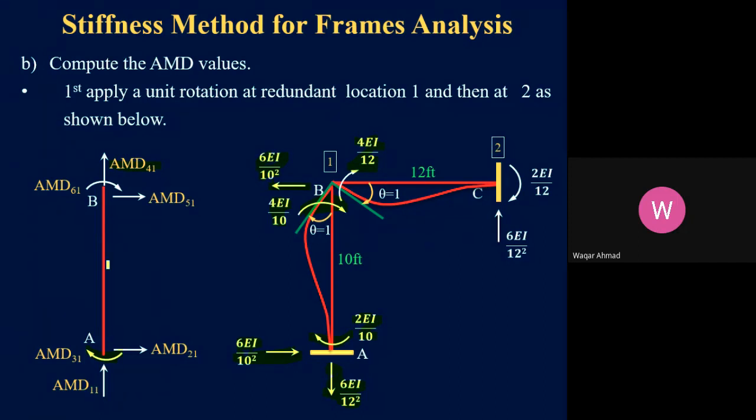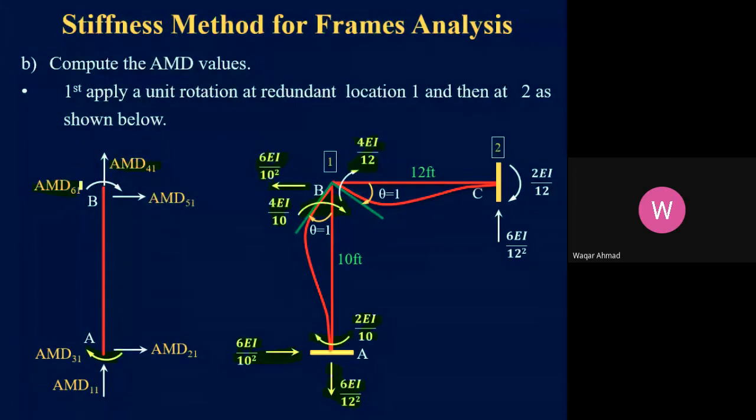Remember, this is very important: you have only to consider the values of the axial force, shear force and bending moment only in the member AB. So I am going to take only this moment as my value of AMD61.